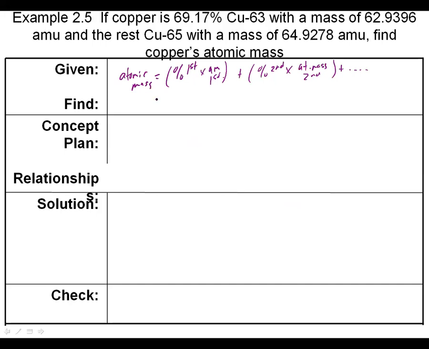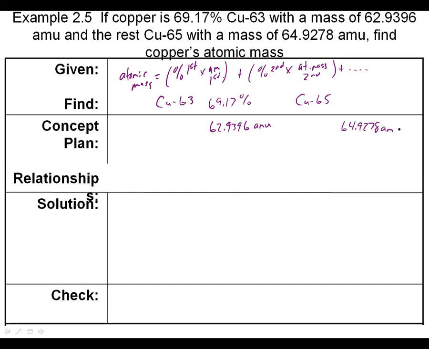So if we look at what we have here, we have copper 63, that's 69.17%. And it has a mass of 62.9396 AMU. We also have copper 65 that has a mass of 64.9278 AMU.